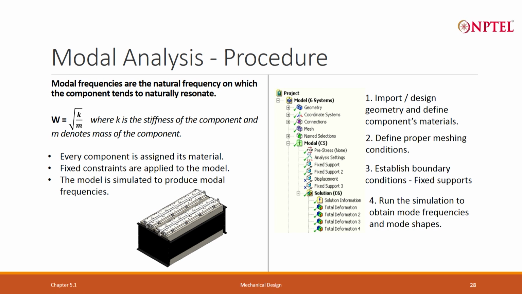Then we mesh it, we convert the whole pack into small elements. We provide the boundary conditions and then we run the simulation to find out the frequencies. Either you use ANSYS or Abaqus, the procedure remains the same. So, I will move to the next slide.